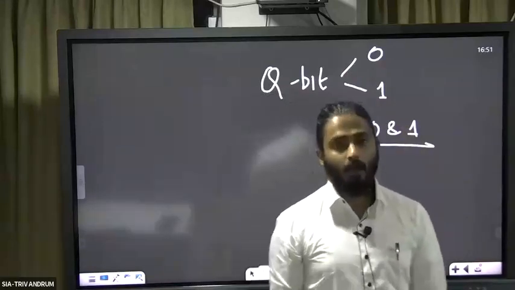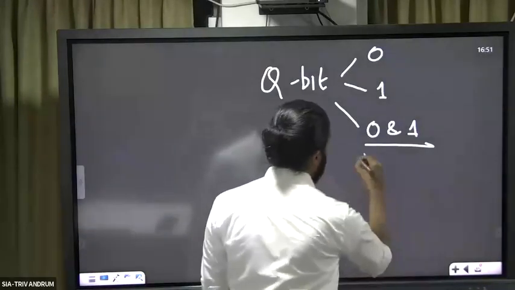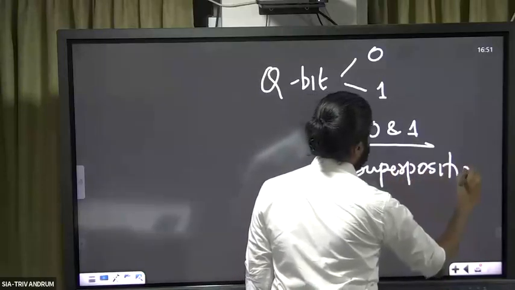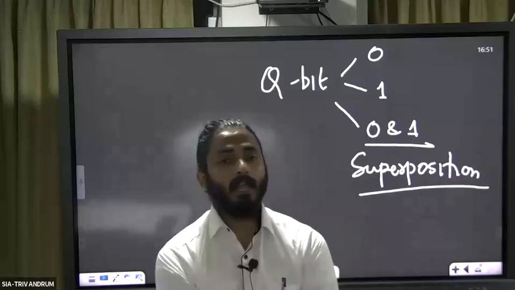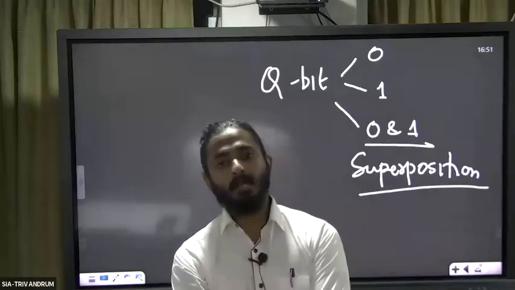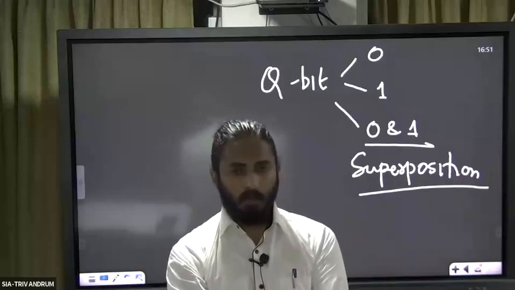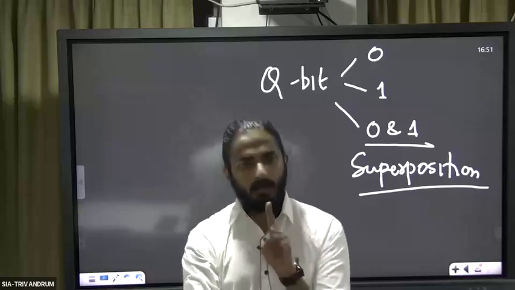This is a property of quantum mechanics. This is the property of superposition, where a particular qubit can hold the value of 0 and 1 simultaneously. In classical computers, up to supercomputers, the bit will be either 0 or 1. It will hold only one piece of information.